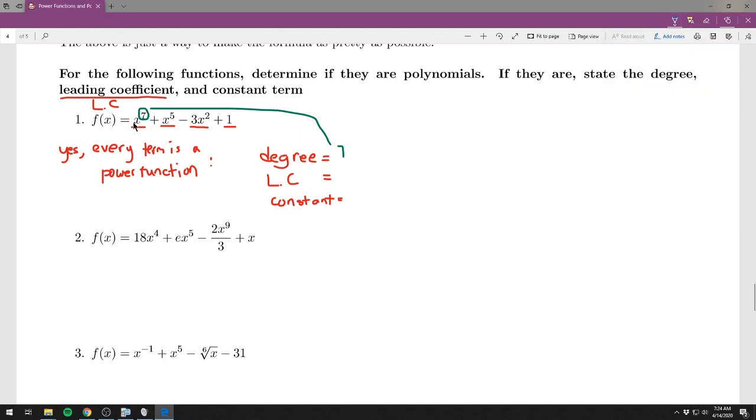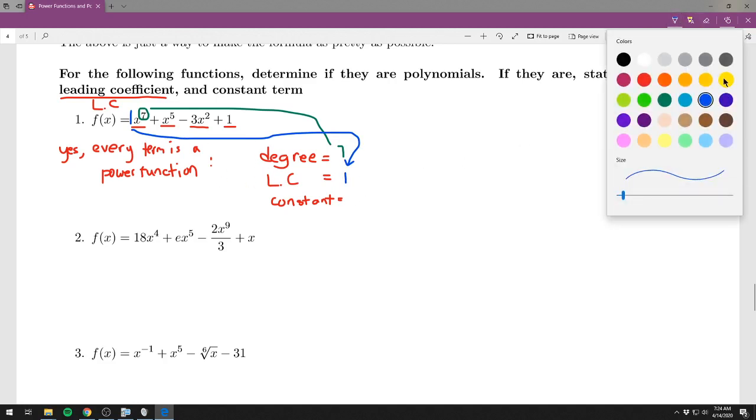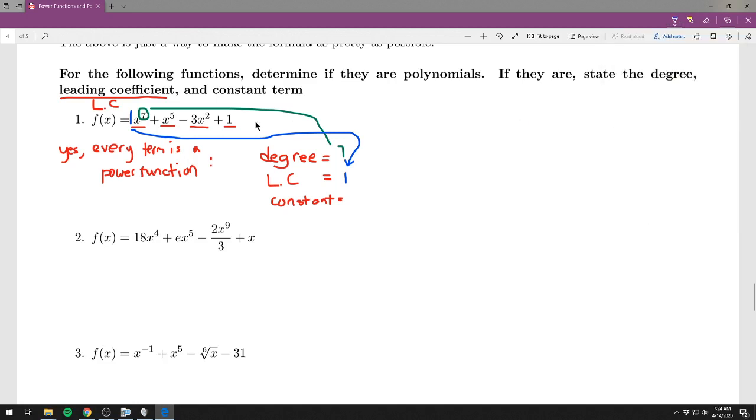The leading coefficient is always the number multiplying the largest power of x. For x to the 7th, nothing's written there because it's really being multiplied by 1. The leading coefficient here is 1. And the constant term, if there's a number by itself without the variable, then that's it. The constant term is 1.